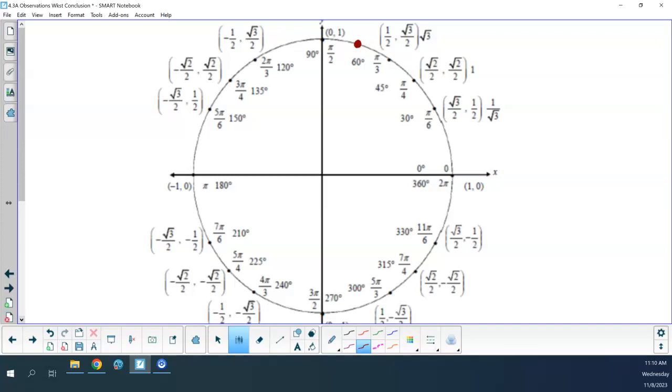Same with 4 pi. That just means I went around 2 extra times. 6 pi went around 3 extra times. 50 pi went around 25 extra times.